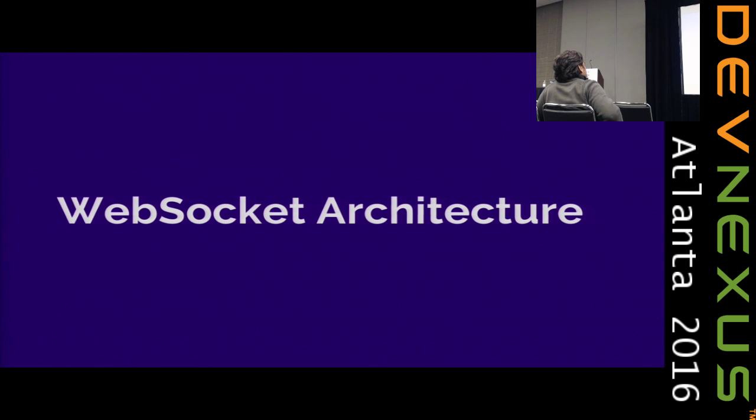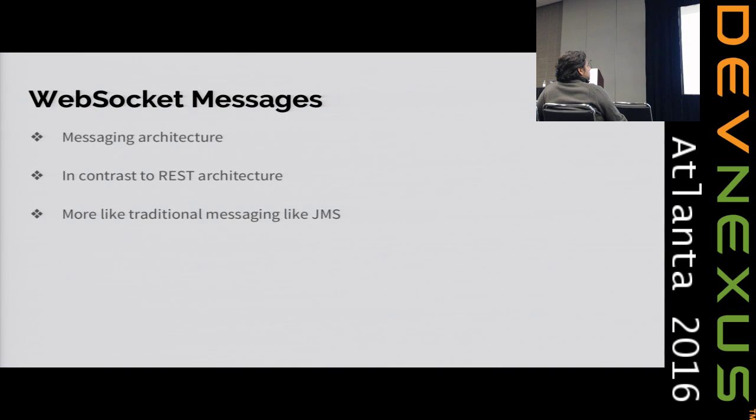So very much related to asynchronous processing is WebSocket architecture. But I've kept this as a separate section because it's really mentally a very different approach to messaging. So with WebSockets, you have a messaging architecture. This is very different from REST and HTTP. In REST and HTTP, you have requests coming in.